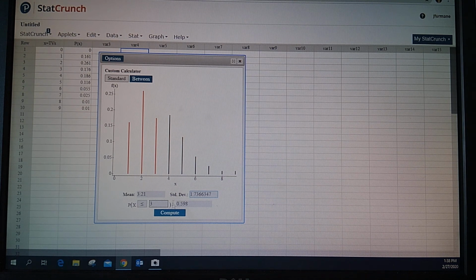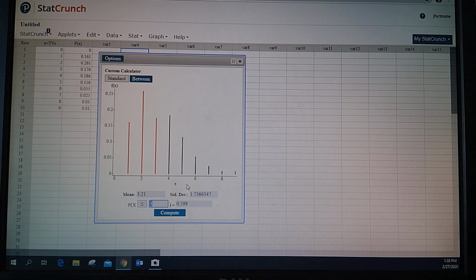To answer part E, we want to find the probability that a discrete random variable has less than or equal to 3 televisions. So I can change these values. I can say less than or equal to, and I can change it to 3 or some other value. When I change it to 3 and compute, I get a probability of 0.598, which matches, again, what we have in our notes.